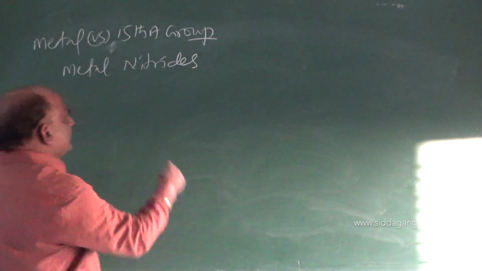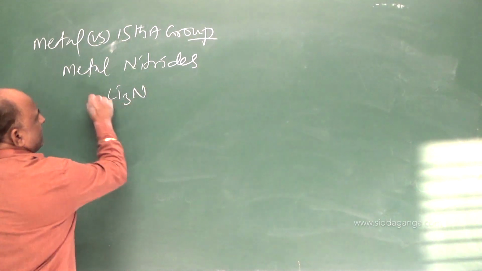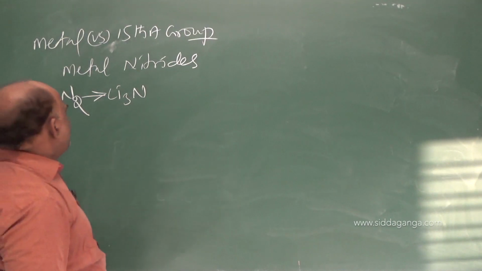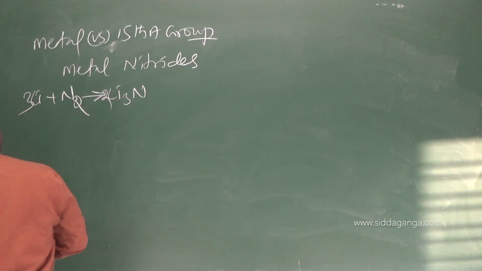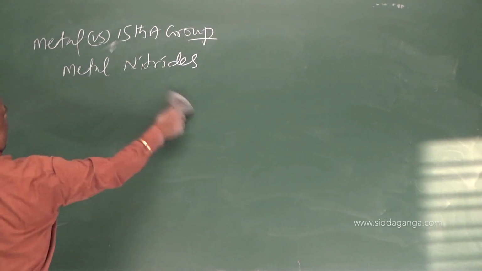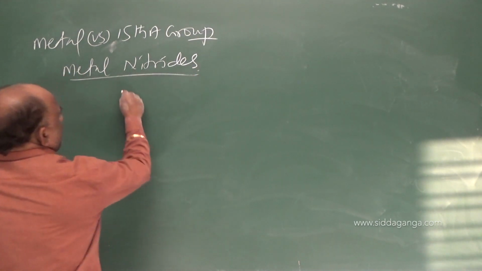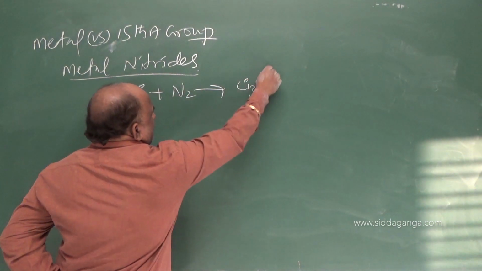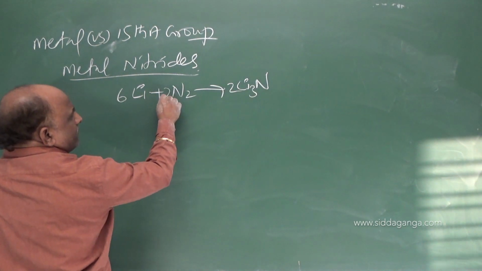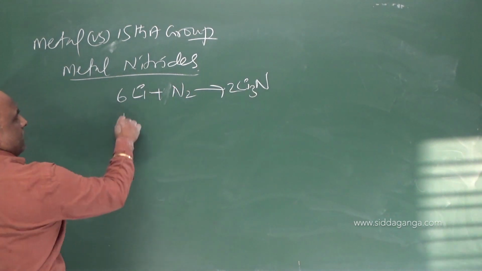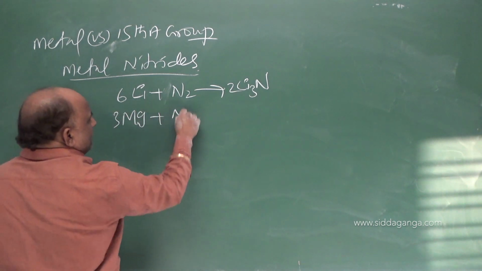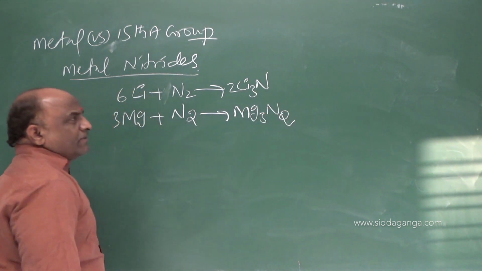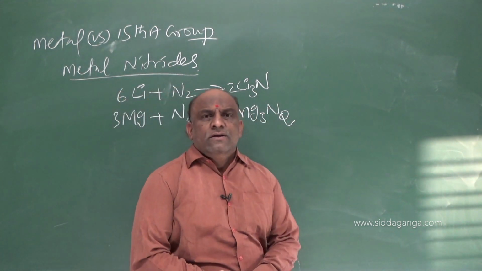Examples: 6Li plus N2 gives rise to Li3N, and 3Mg plus N2 gives rise to Mg3N2. So these are the examples for nitrides.